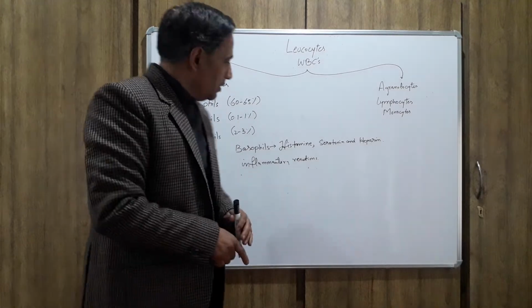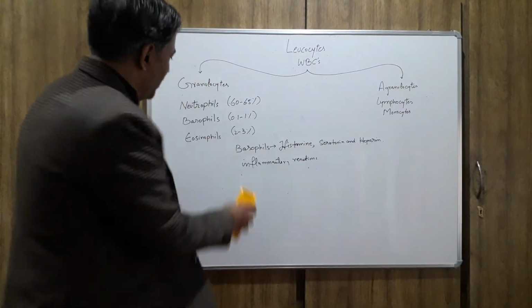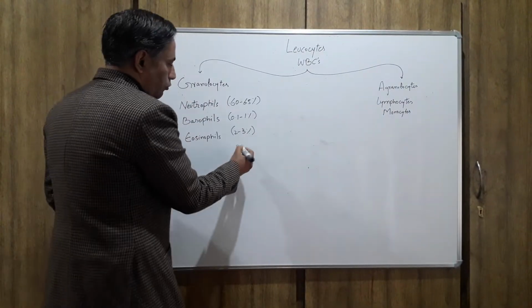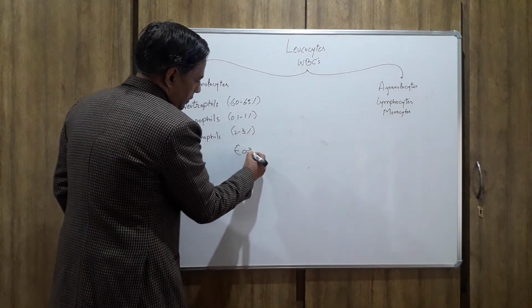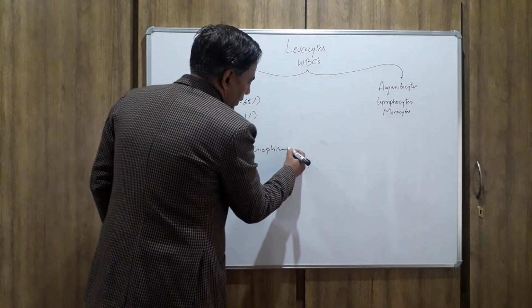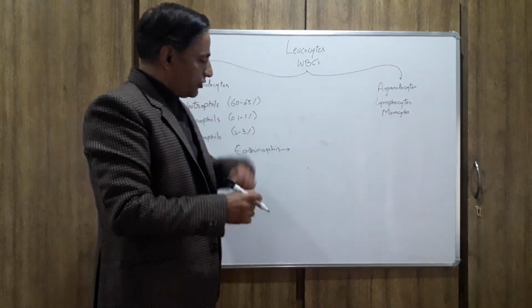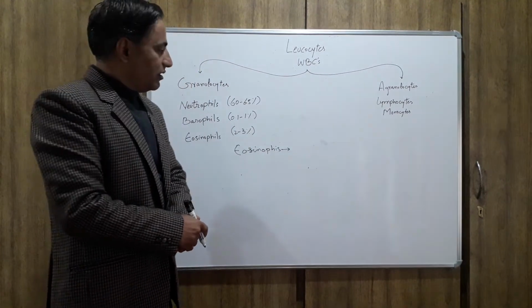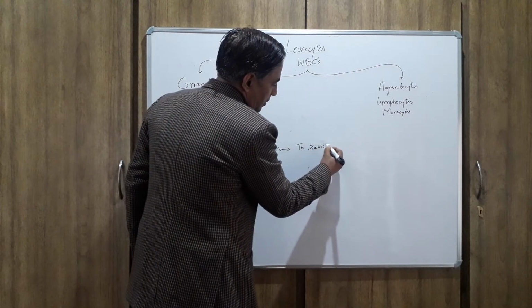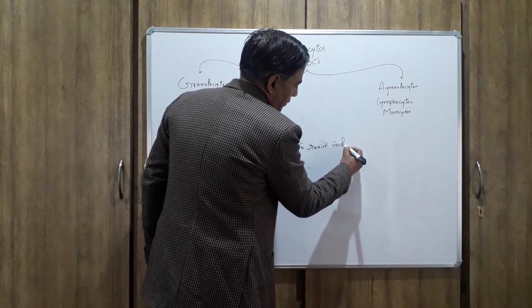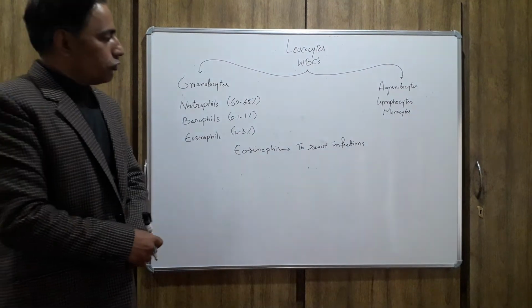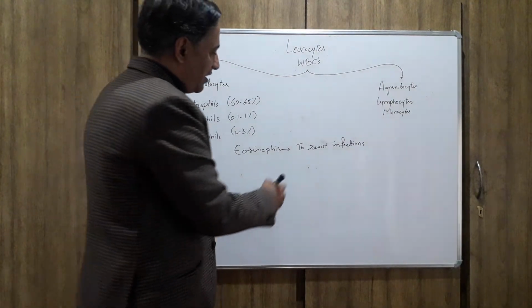Now the third type of cells, the eosinophils. The primary function of the eosinophils is to resist infections.